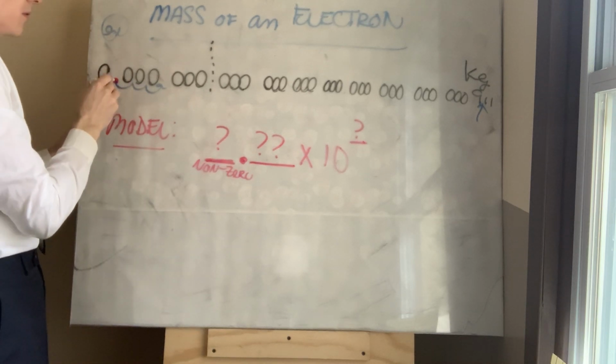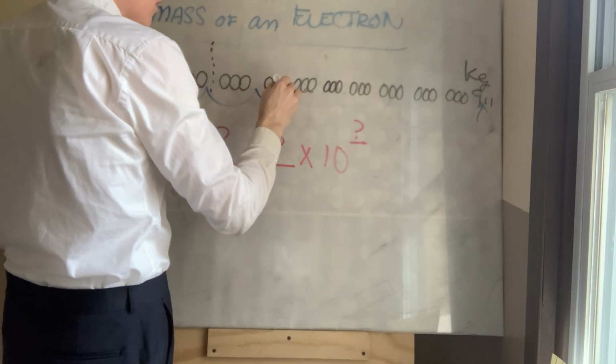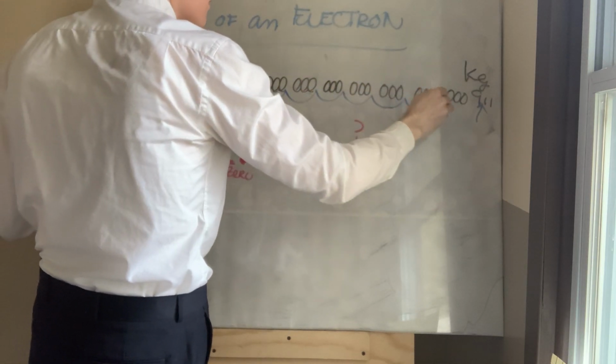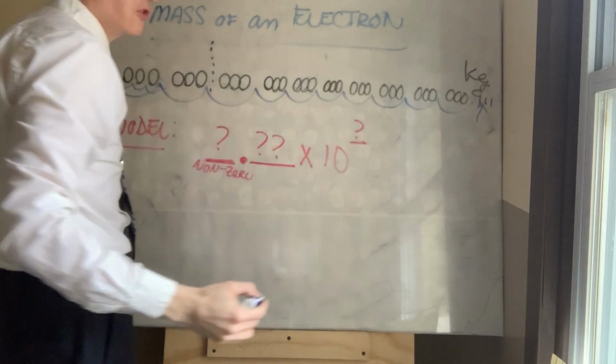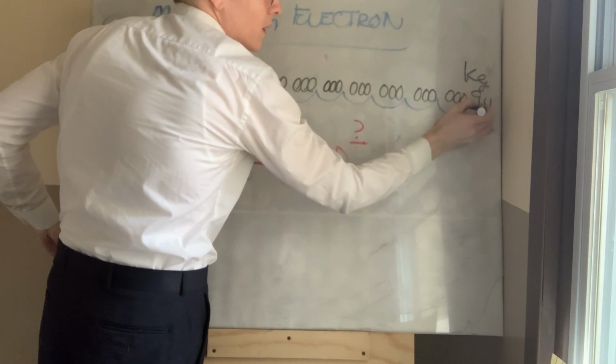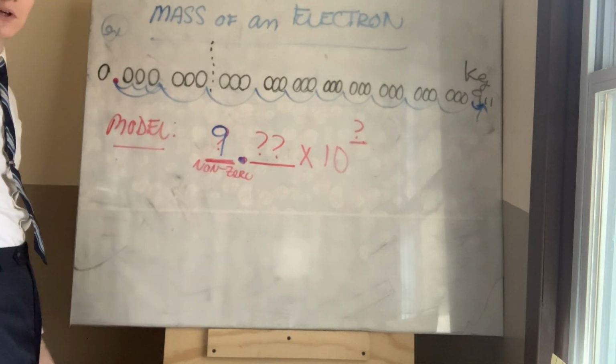So I'm going to jump 3, 6, 9, 12, 15, 18, 21, 24, 27, 30 would be just in between 0 and 1. And then I would have to go a smidgen over one extra space to put the 9 up in the front.